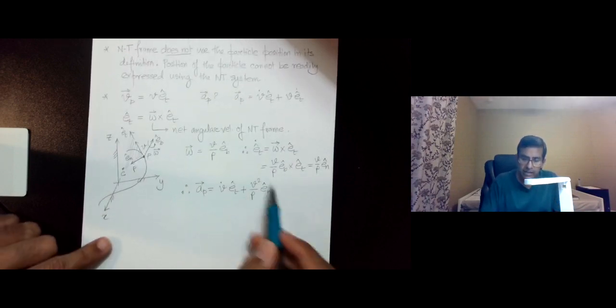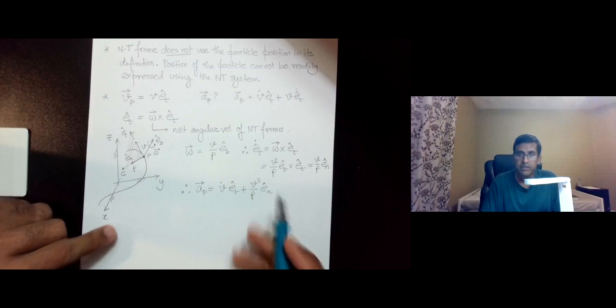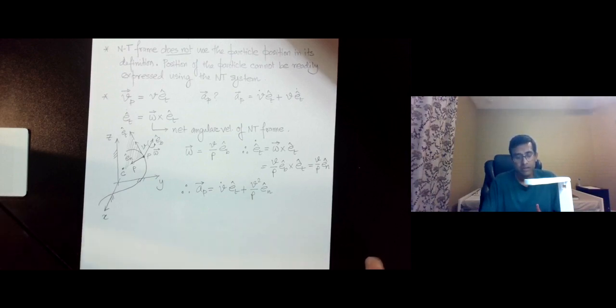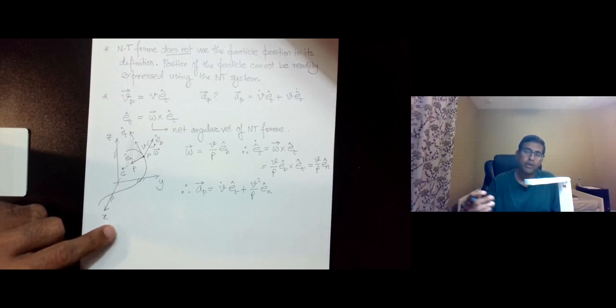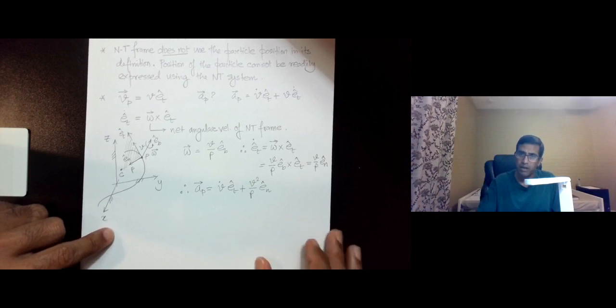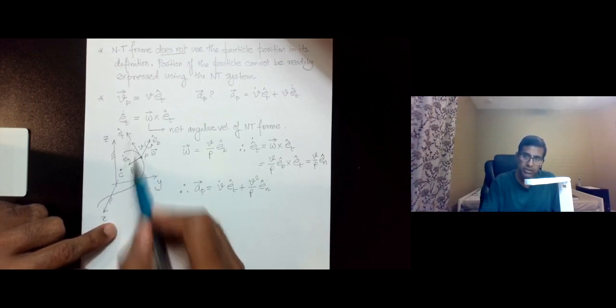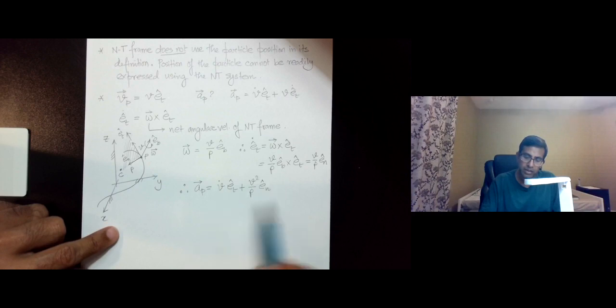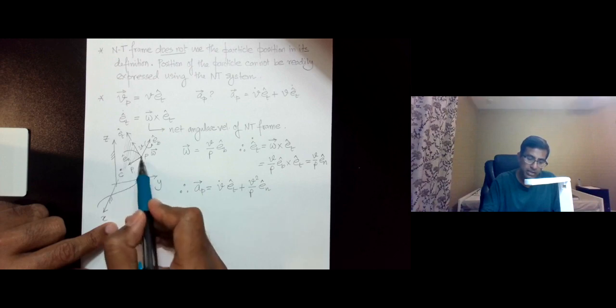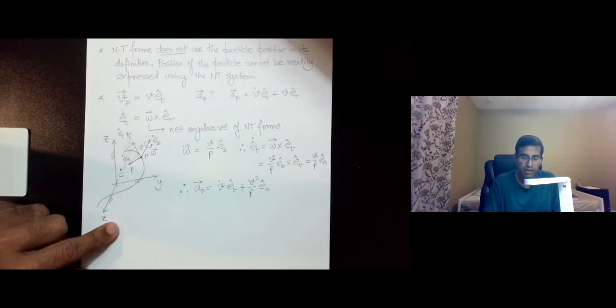And this leads to a very interesting observation which goes even beyond just nt coordinate frames. This gives us an insight into the nature of any particle's motion, any point's motion. It doesn't have to have a mass, it could even be a massless particle, theoretically. But for any particle going in a curved path, the acceleration of the particle has a component directed towards the instantaneous center of curvature.